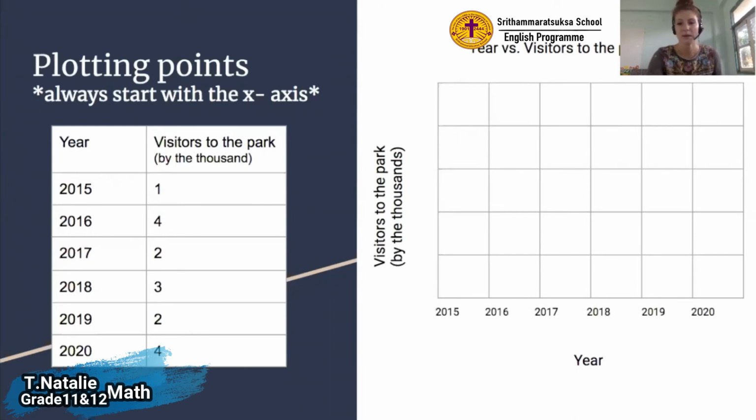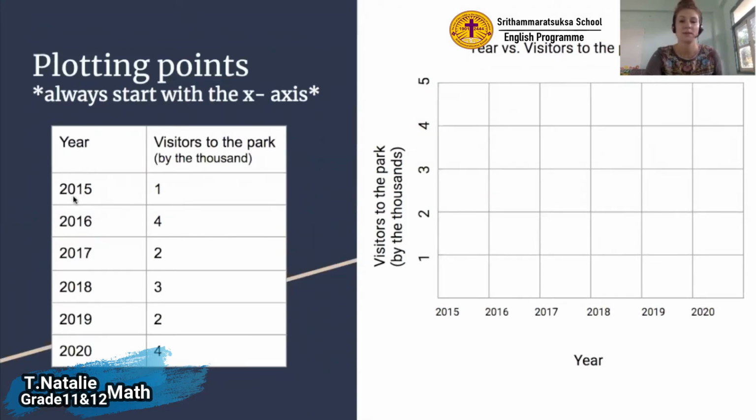Next, we're going to put in the labels of our x-axes. So those are going to be the years. And then we are going to use just some increments, whole numbers for the y-axes. All right, so now let's get to plotting points. So I'm going to look over here.